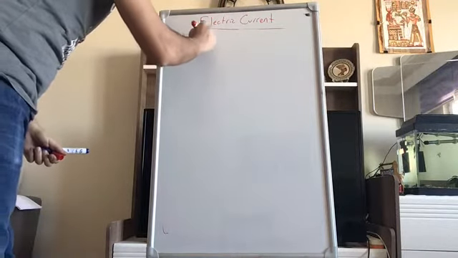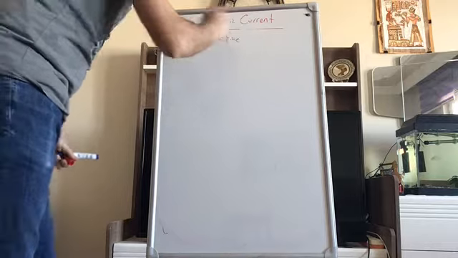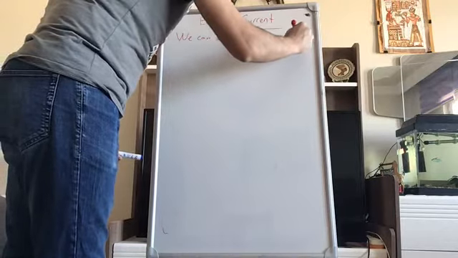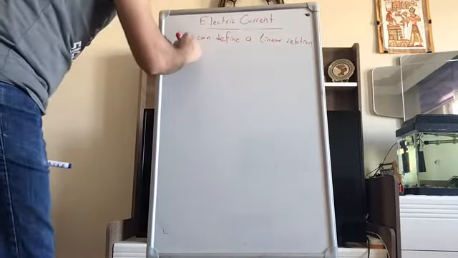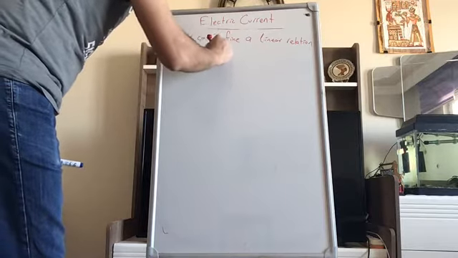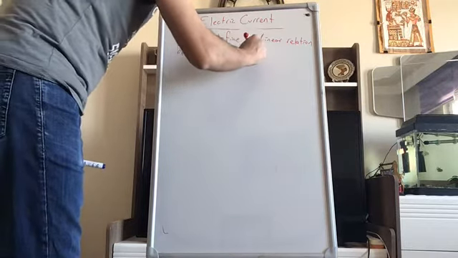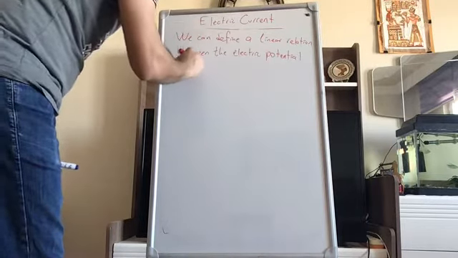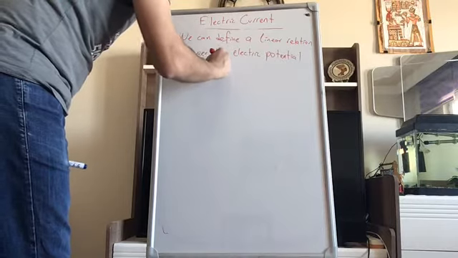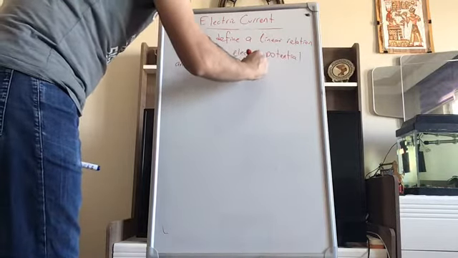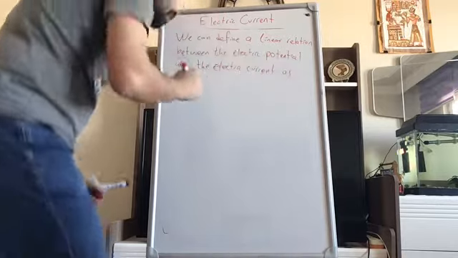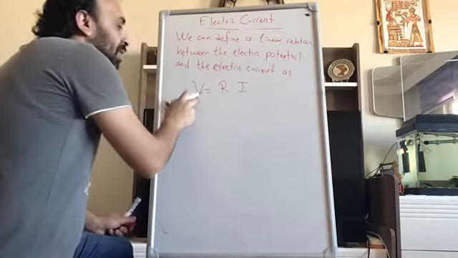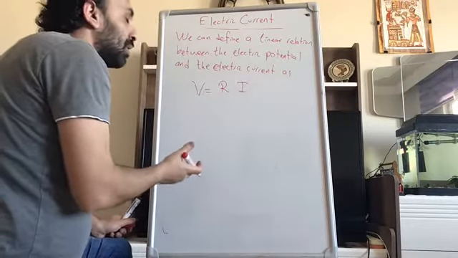So we can define a linear relation between the electric potential and the current through the material, the electric current, as V is equal to R times I. V is the electric potential we are applying to the wire.